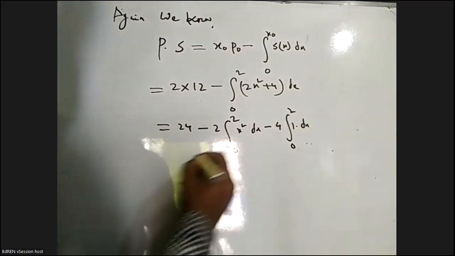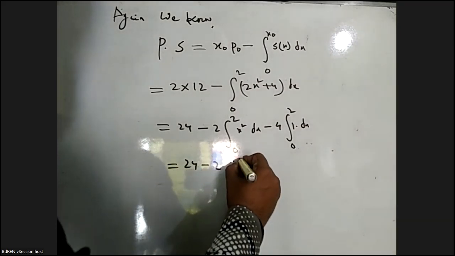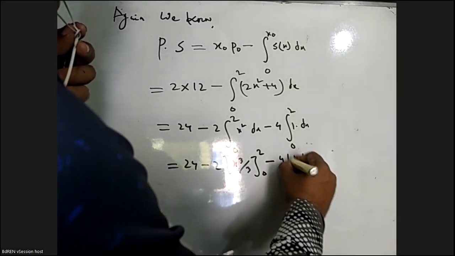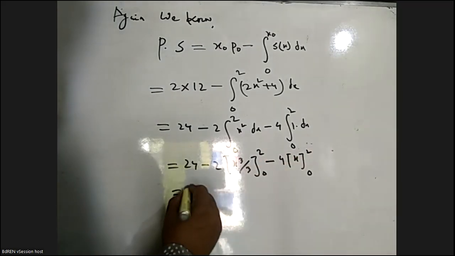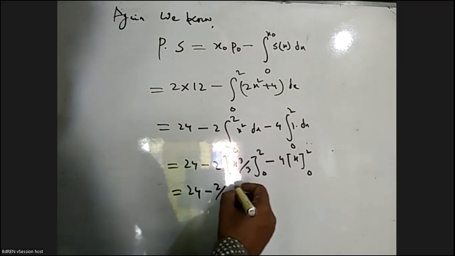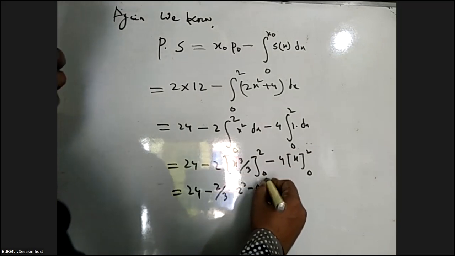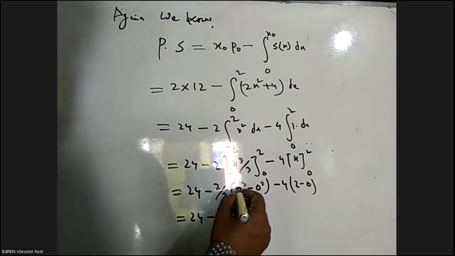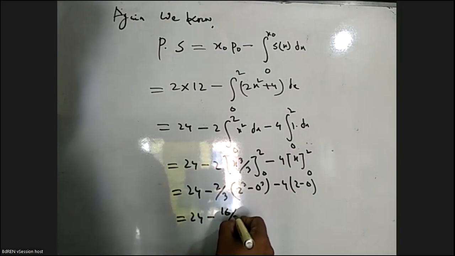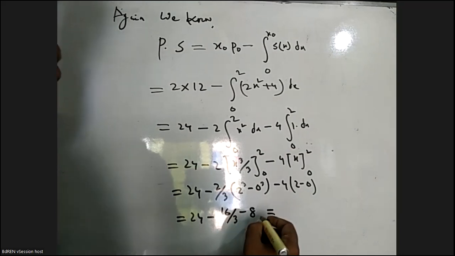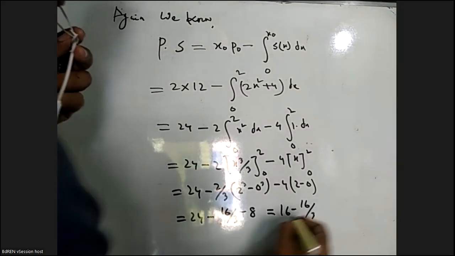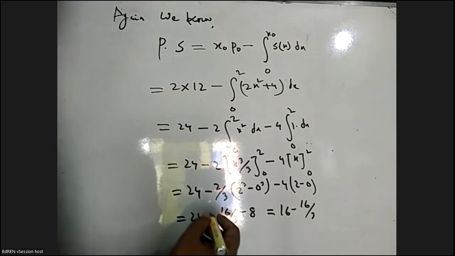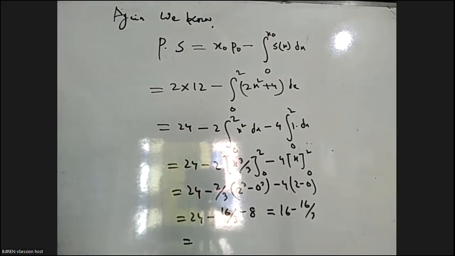24 minus 2 times the integral from 0 to 2 of x square dx, minus 4 times the integral of 1 only, because there is no variable, from 0 to 2. 24 minus 2 by 3 constant times 2 cube minus 0 cube, minus 4 times 2 minus 0. That is 24 minus 16 by 3 minus 8, which is 16 minus 16 by 3. So this equals 32 by 3.